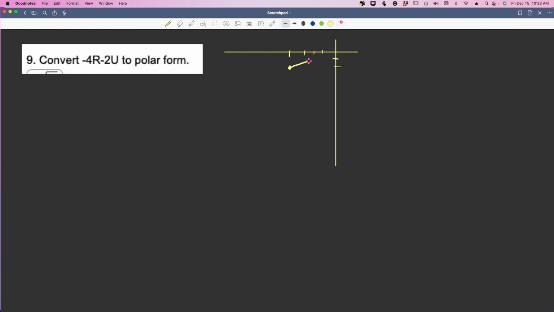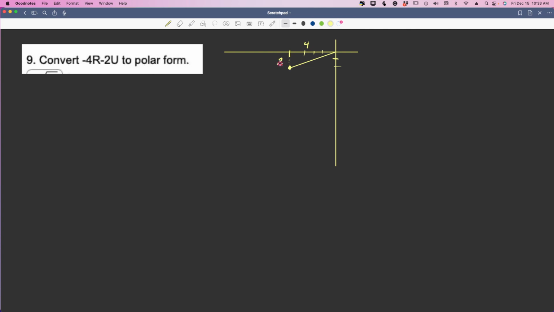And so I would draw my hypotenuse there, and then I'd make my little dotted line. So this is going to be 4, and this is going to be 2. And the negative only serves to tell us where it's located, right? We know that. But the 4 and the 2 tells us what the length of our legs are.